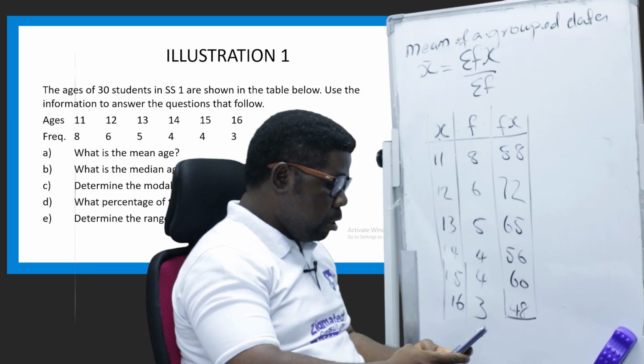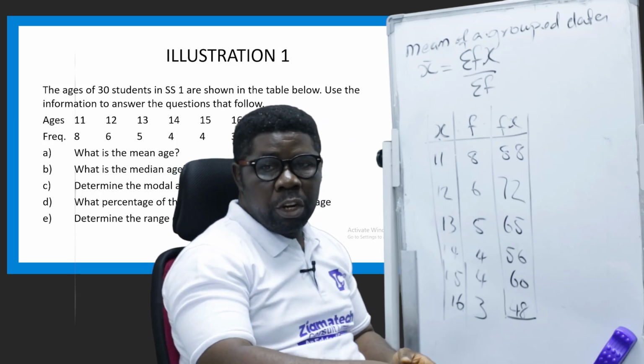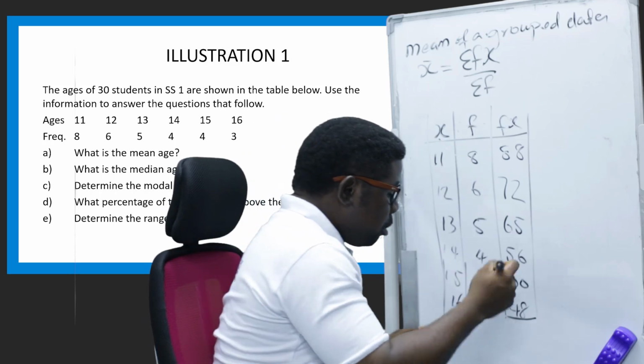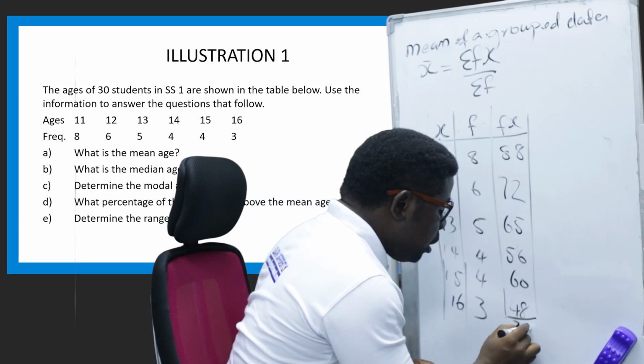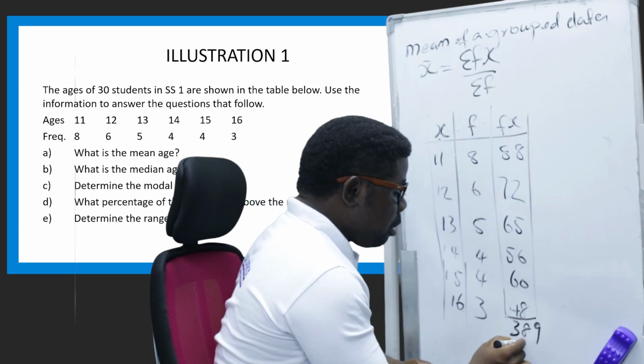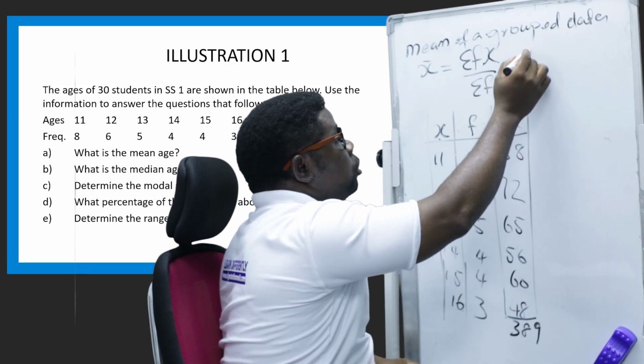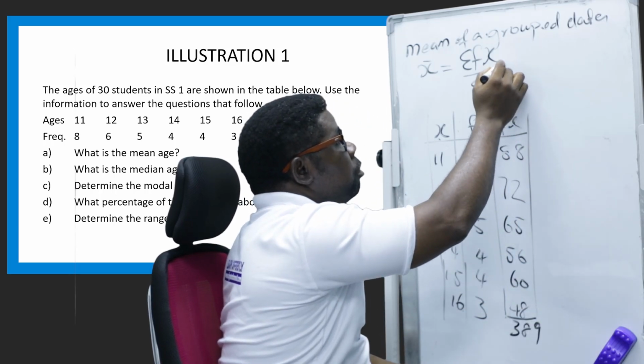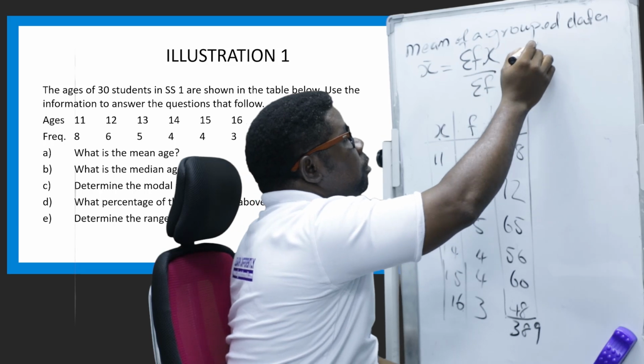The total is 389. So we have 389 as our summation fx. Right? So we say it's equal to what?